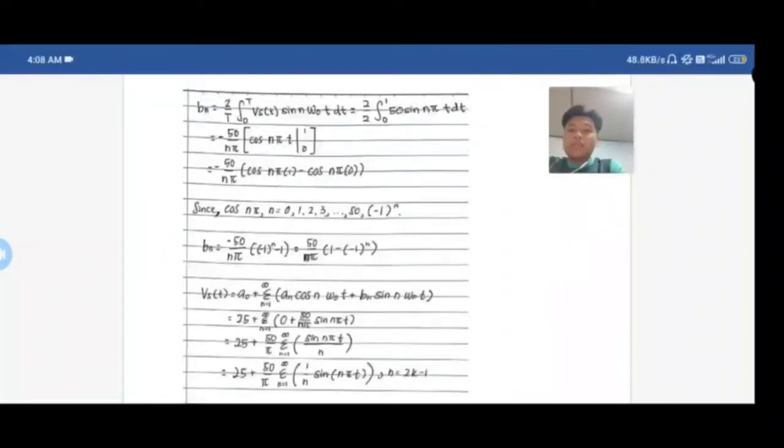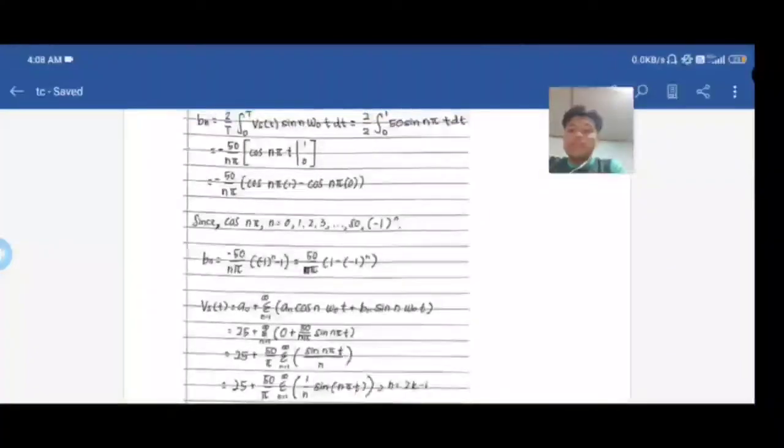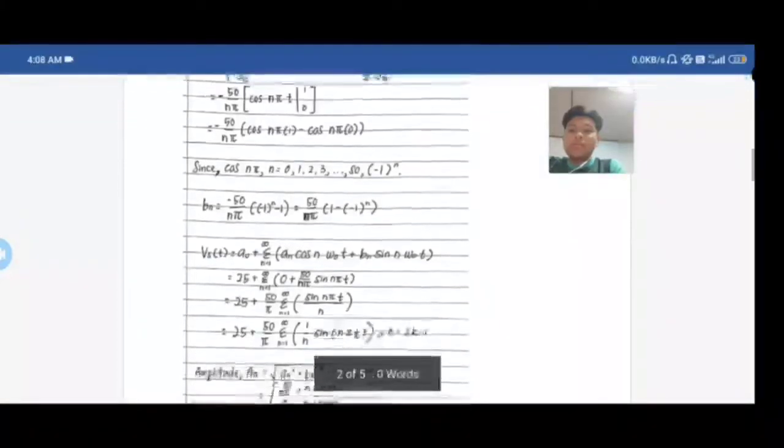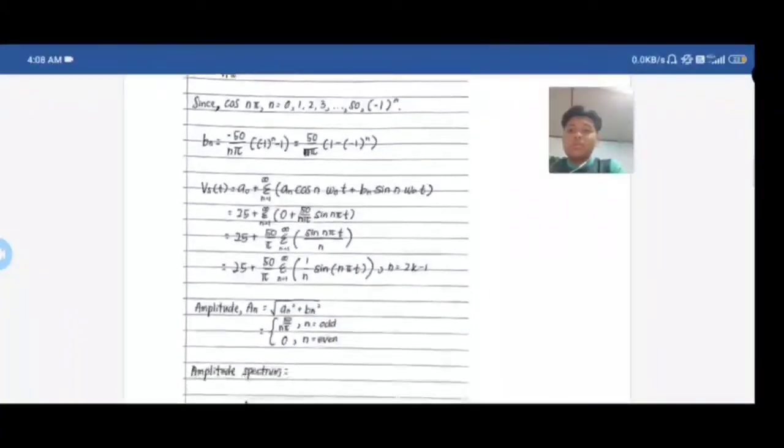After that, we will get the answer negative 50 over n pi in bracket cos n pi 1 minus cos n pi 0. So since cos n pi equal, this is our calculation.